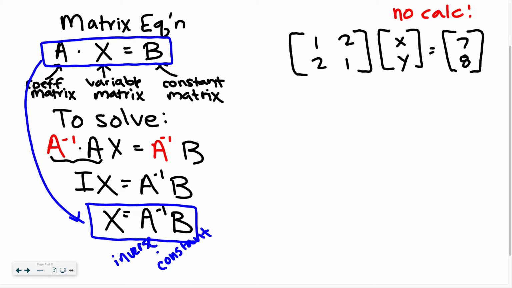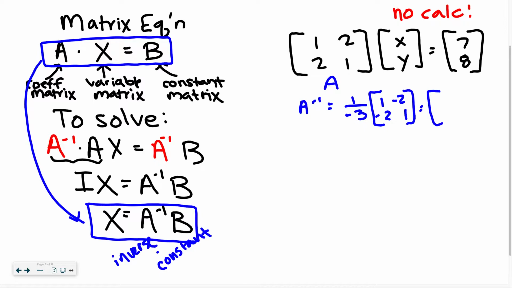If we're doing this with no calculator, then we need the inverse of A. That's not too terrible. Here's A, right? A inverse would be 1 over 1 minus 4, which is negative 3. Got to distribute that, switch the 1 and 1, but they're the same. Change the signs of the 2's.